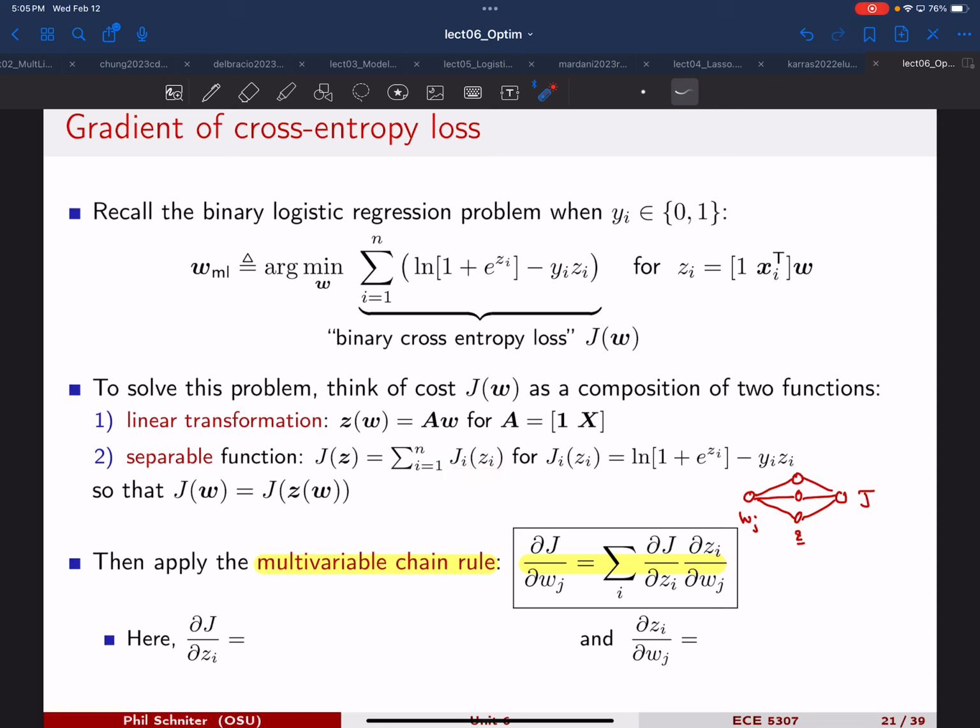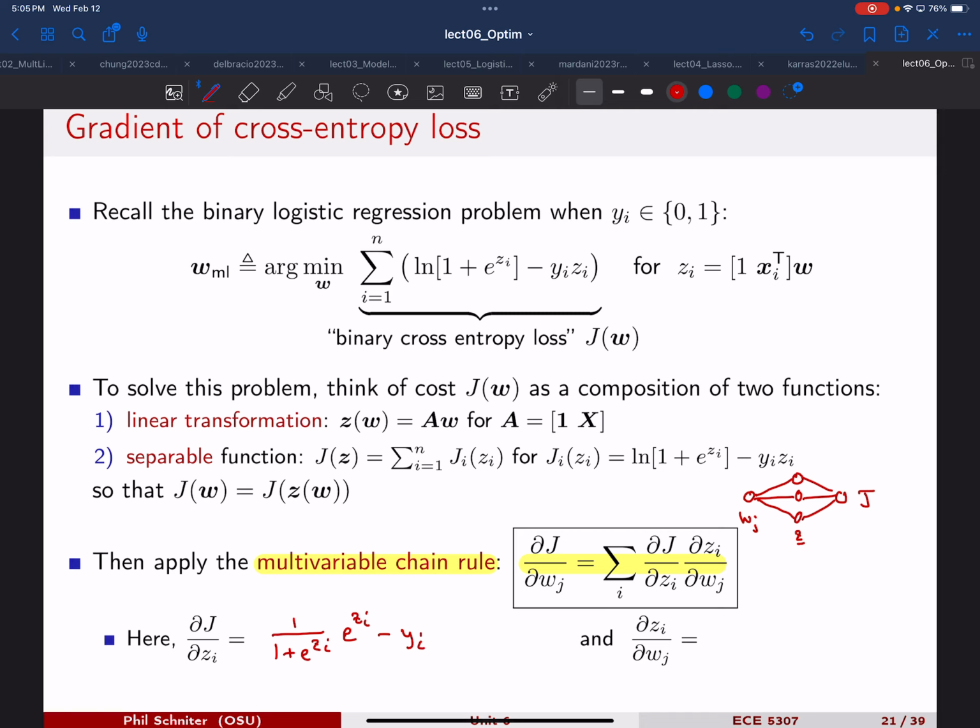It's the ith term. So I can look at the derivative of this with respect to Zi. And to do that, remember that when you take the gradient of the log, you get 1 over the result. And then by the chain rule, you have to further differentiate what's inside that log, which gives you e^Zi. And then you differentiate the second term with respect to Zi, and you just get Yi.